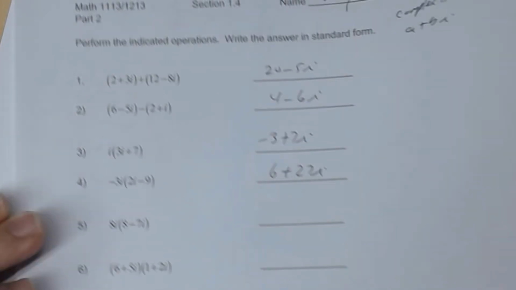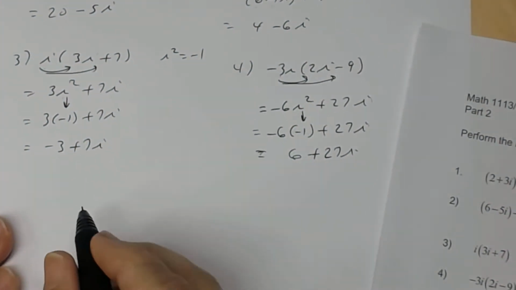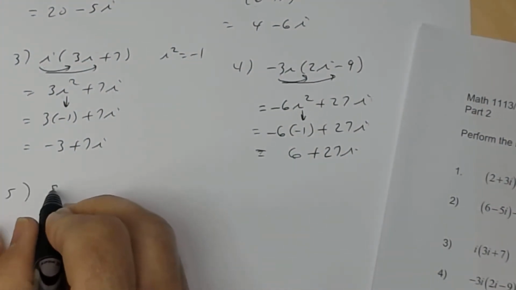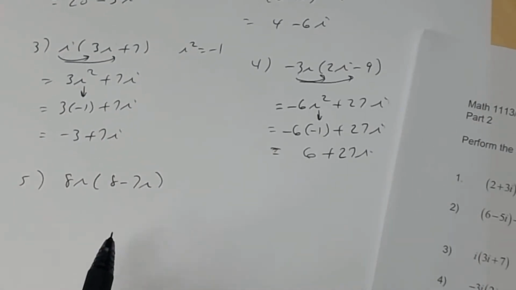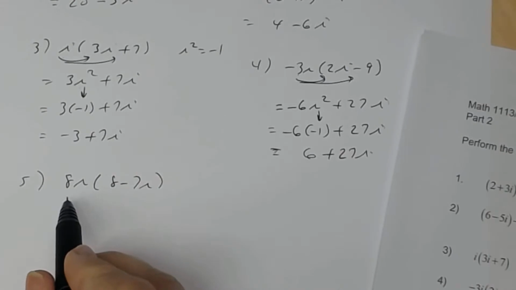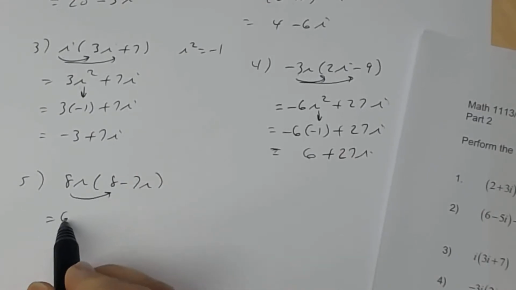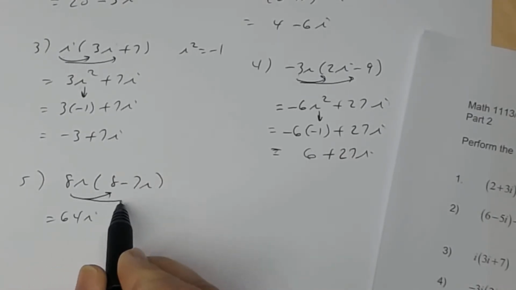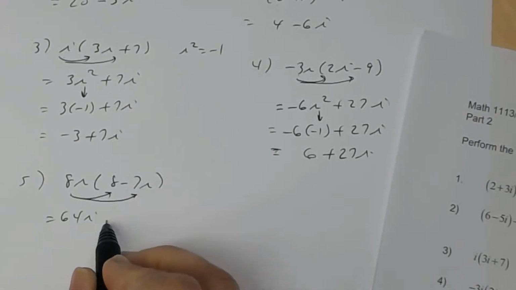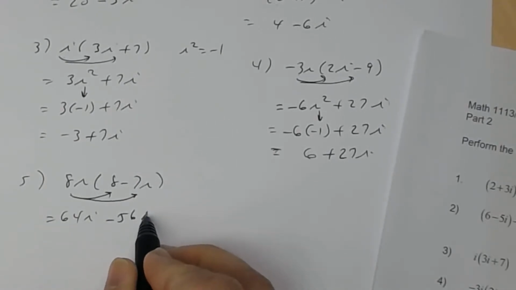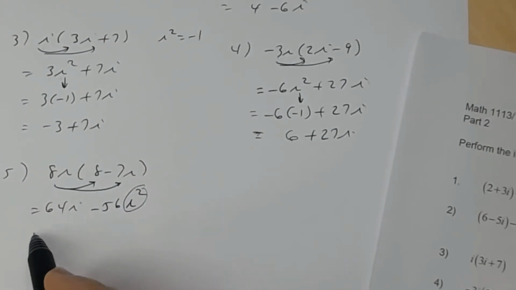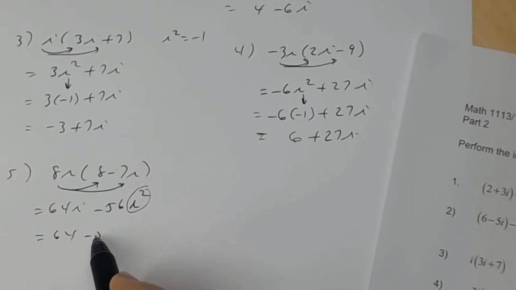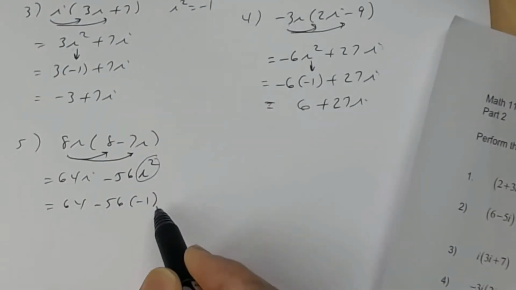Number 5, you have 8i times 8 minus 7i. So 8i times 8 minus 7i. So that becomes 8i times 8 is 64i. 8i times negative 7 is a negative 56i squared. Again, you got to remember that i squared is negative 1, so that becomes 64i minus 56 times a negative 1.